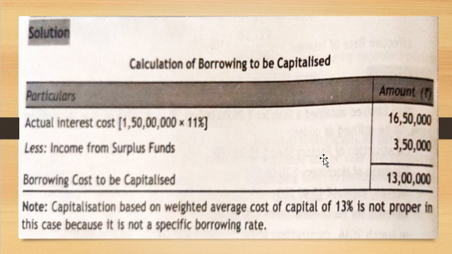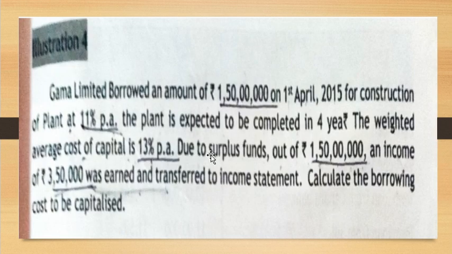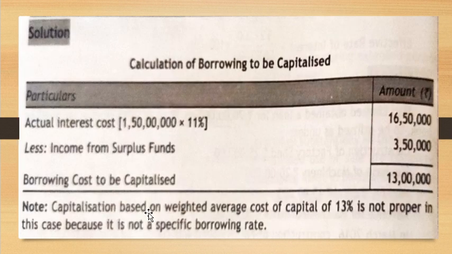So you will subtract the income given in the problem, which is 3 lakh 50,000, as less income from surplus funds.